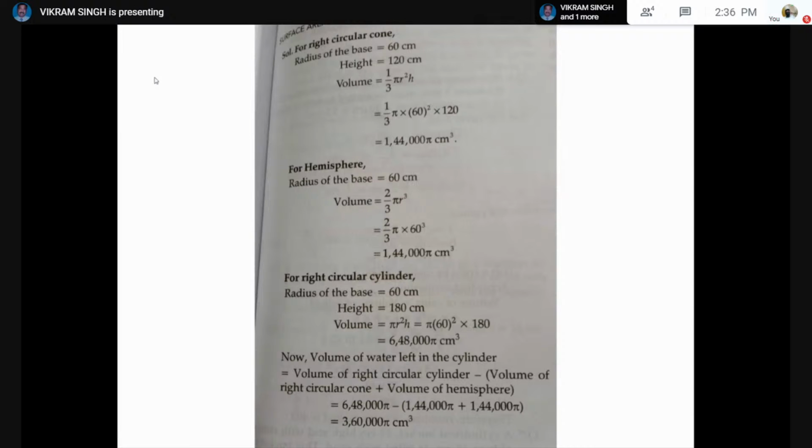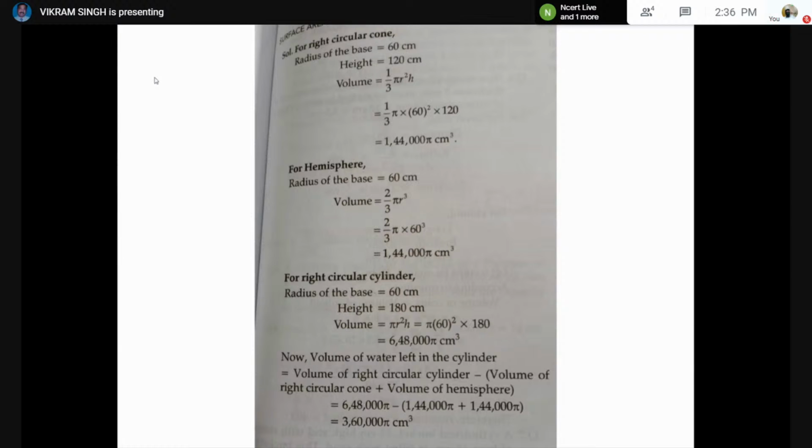In the starting, we are going to calculate all the three volumes: volume of the cone, volume of the hemisphere, and volume of the cylinder. After putting all the values respectively, we are having the addition of two volumes, volume of the hemisphere and the volume of the cone, and we are taking the subtraction of these volumes from the volume of the cylinder.